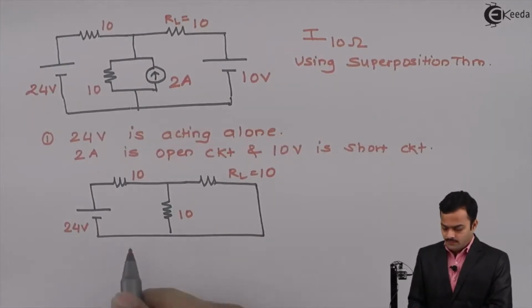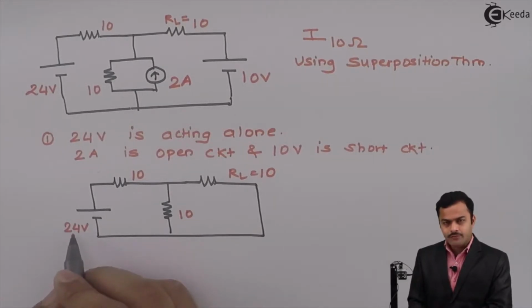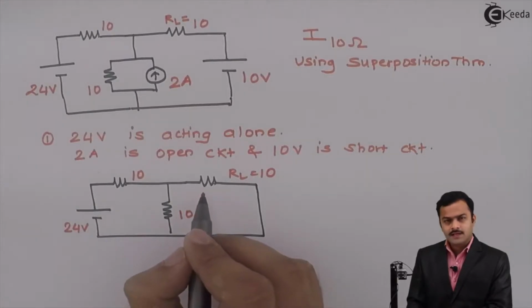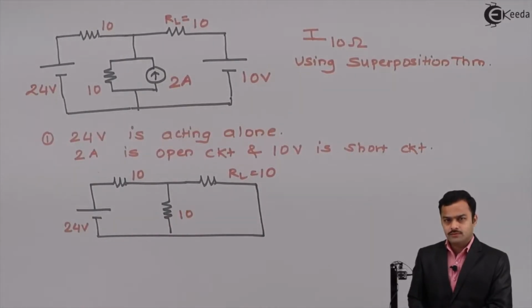Now for this circuit, because of 24 volt, what is the current flowing through RL, that we need to find out. We can use any of the techniques that we have learned till now in order to get an answer.